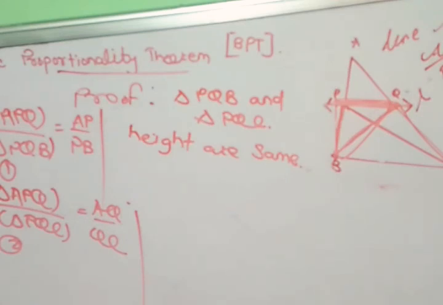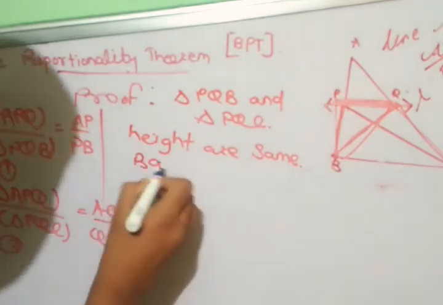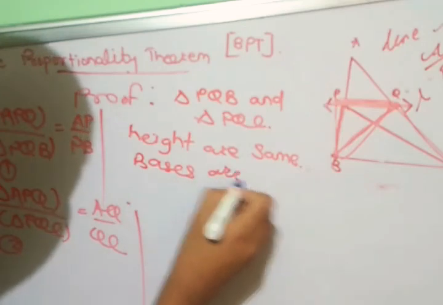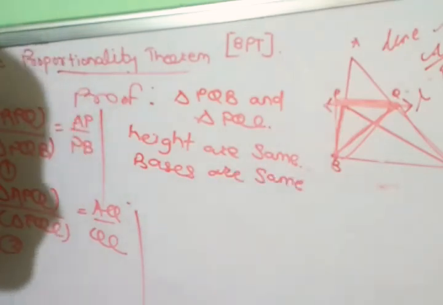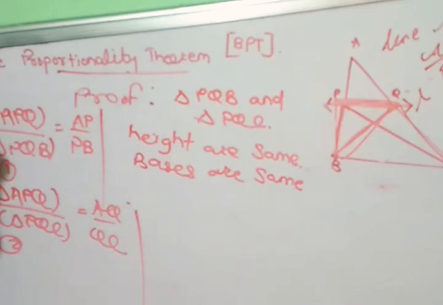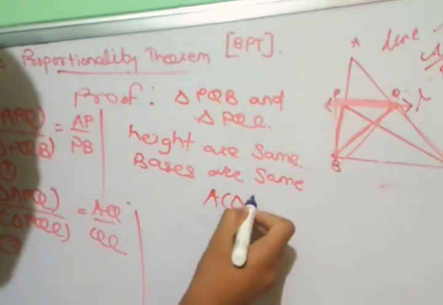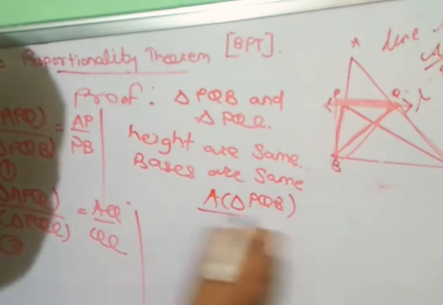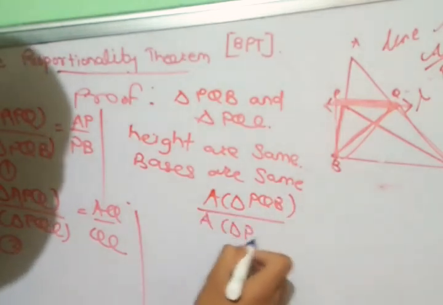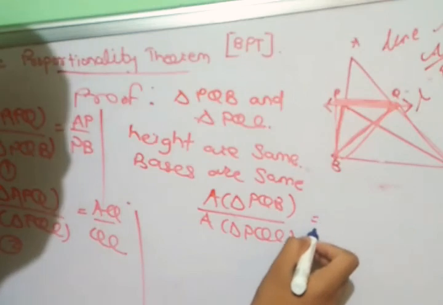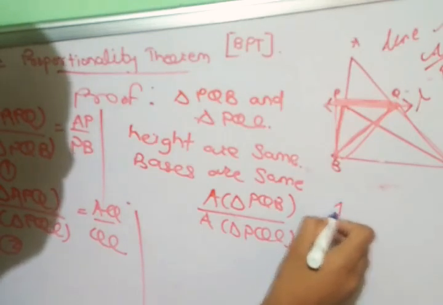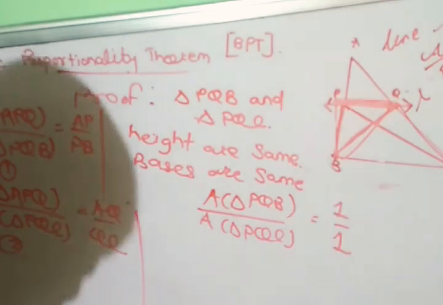When two lines or two sides are parallel, the height between them is also the same. So bases are the same and heights are the same. So bases cancel, height cancels, and half also cancels. So directly, area of triangle PQB by area of triangle PQC is equal to 1 by 1.